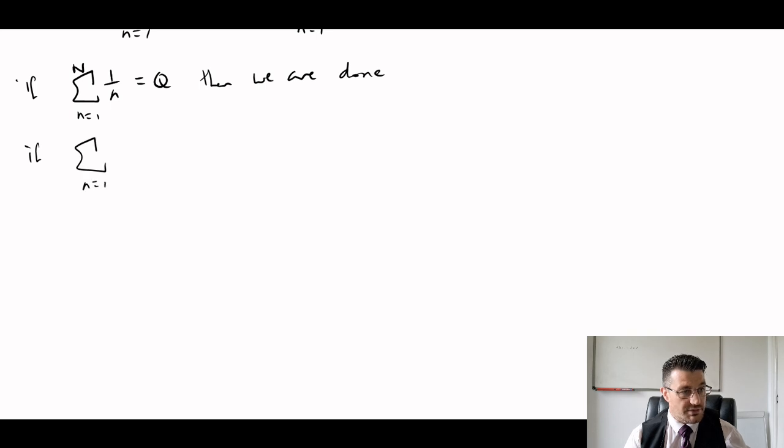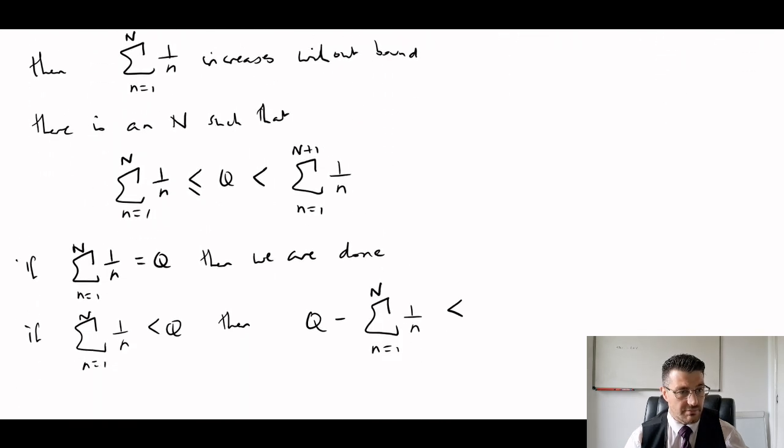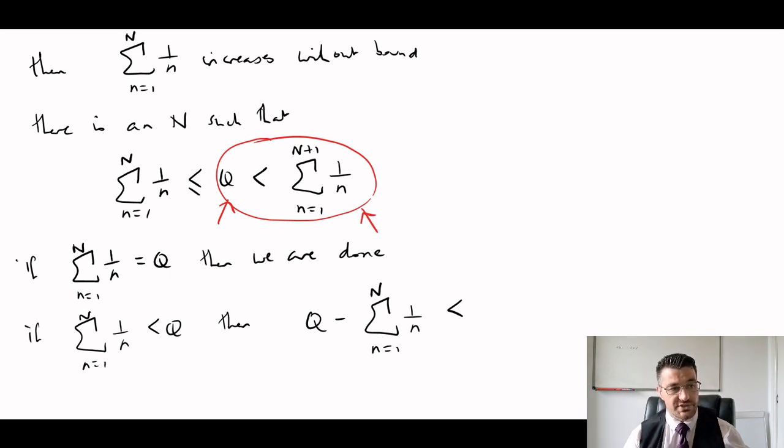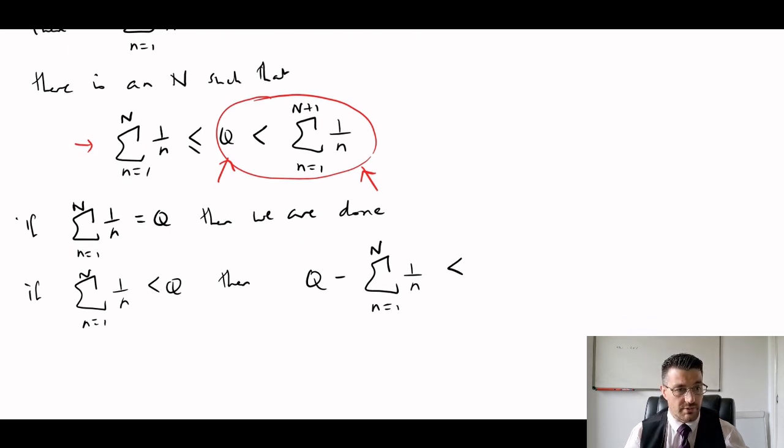So, if on the other hand we have the sum from n equals 1 to n of 1 over n is less than q, then we have that q minus this sum is less than, and bear in mind, what I'm doing is effectively subtracting from the q and from this sum here the sum from n equals 1 to uppercase n of 1 over n. So when I do that, what am I going to be left with?